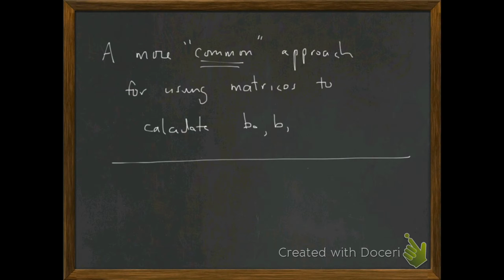And what we do here is we create some things called a design matrix. And we create a response vector. And we will create our coefficient vector.